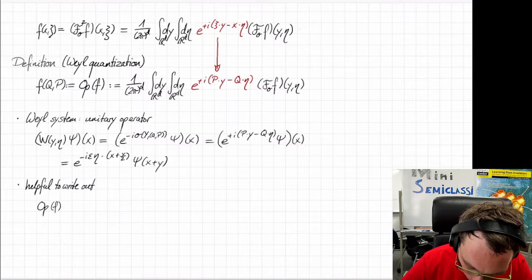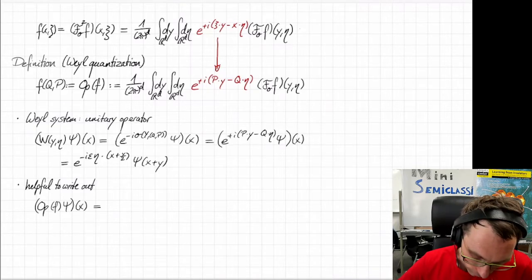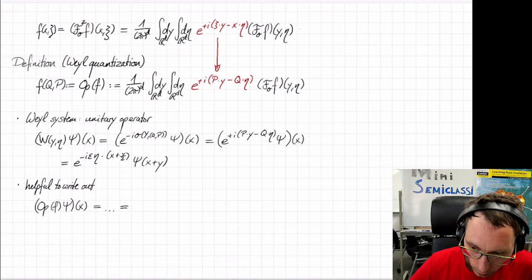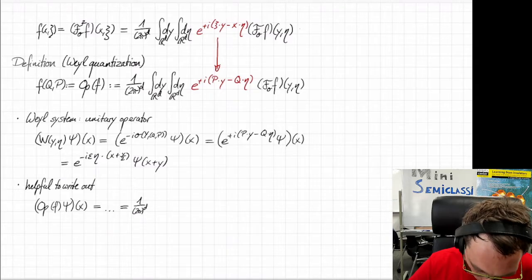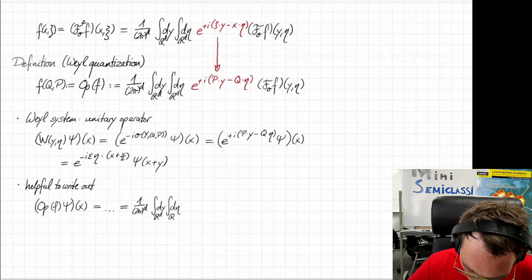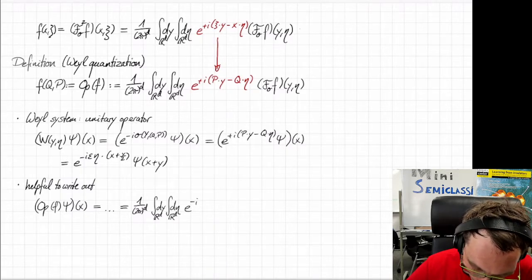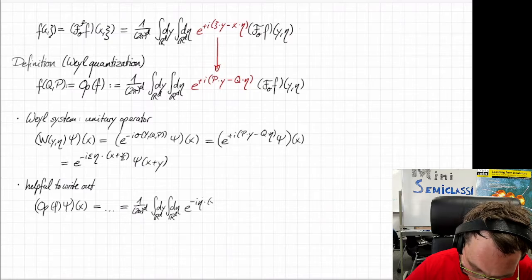So op f applied to psi evaluated at x. If you do some very straightforward computations, then this is equal to 1 over 2 pi to the power d, integral in dy, integral in d eta, then you have a simple phase factor, which is e to the minus i eta times y minus x.